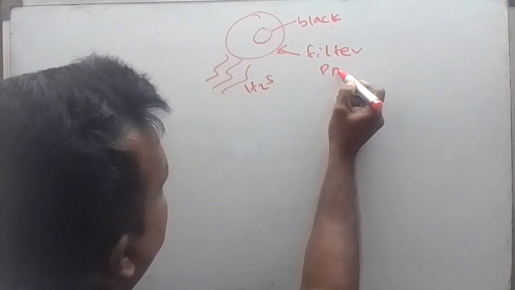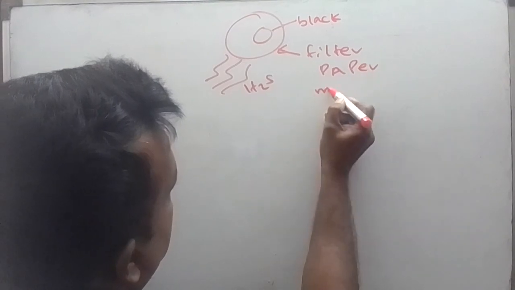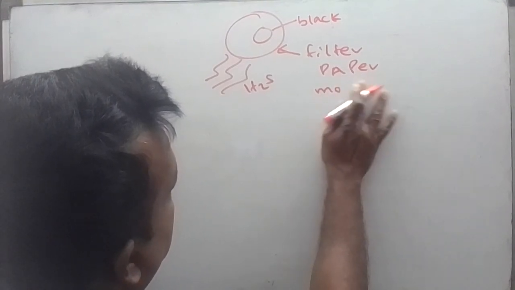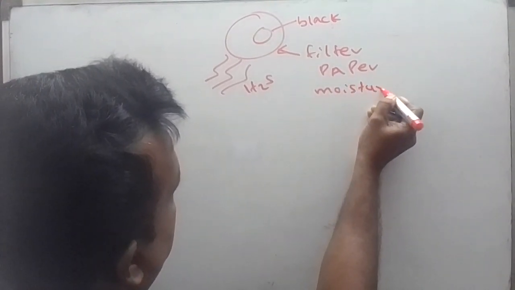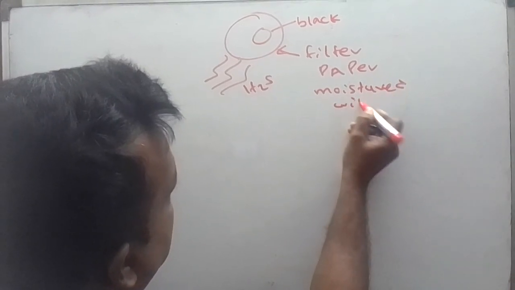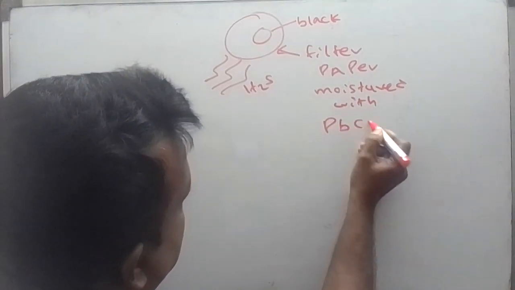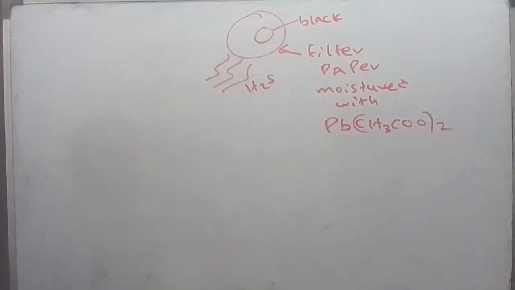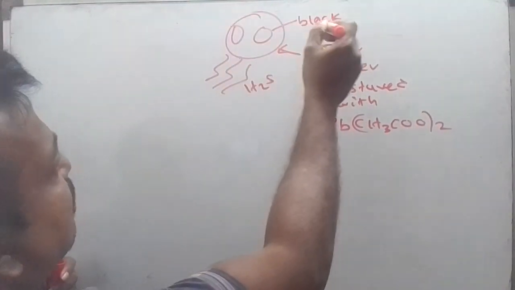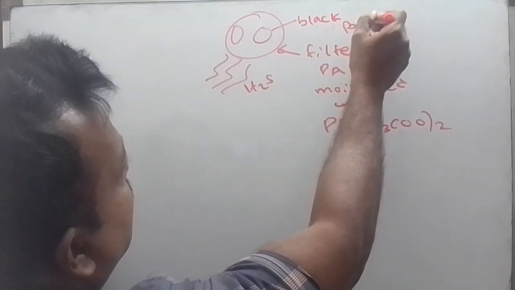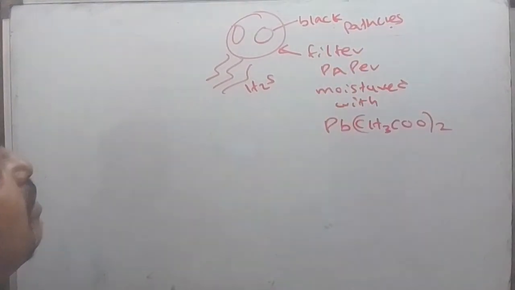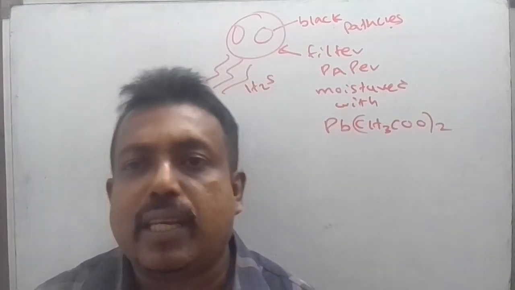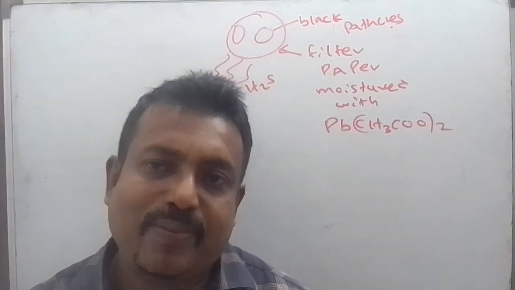Filter paper moistened with lead acetate. Then you can observe black patches. These black patches correspond to lead sulfide.